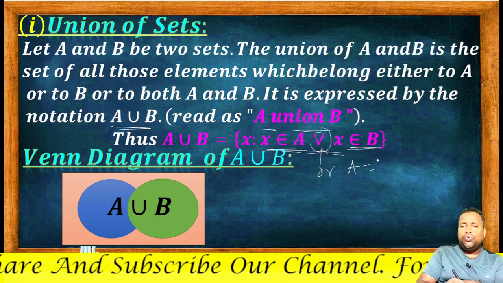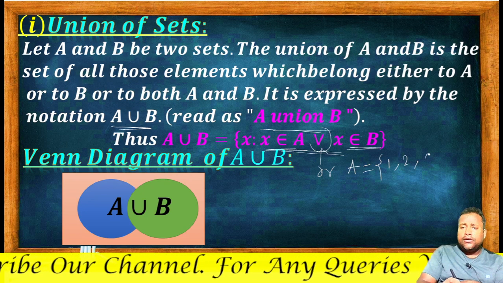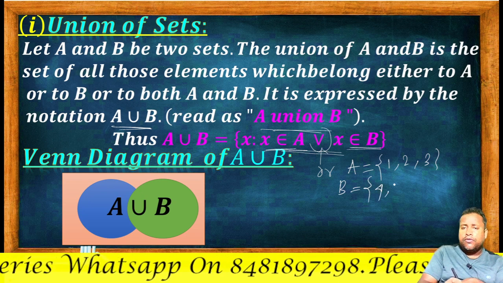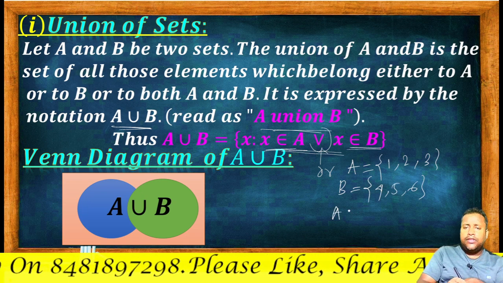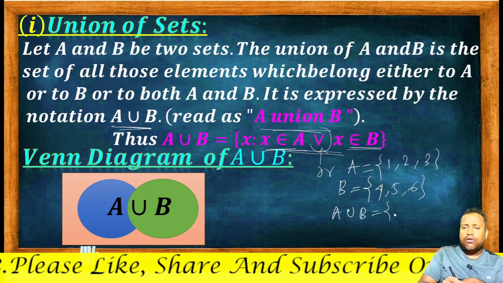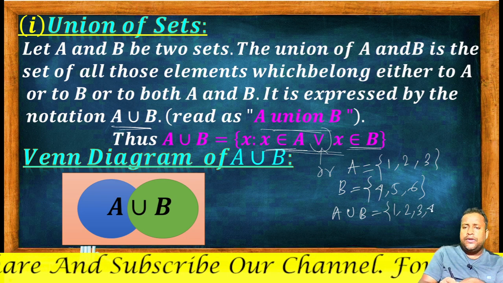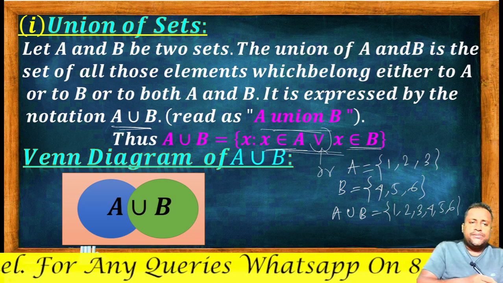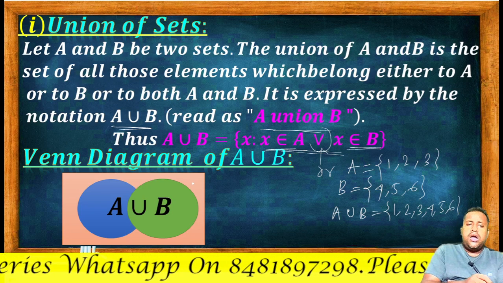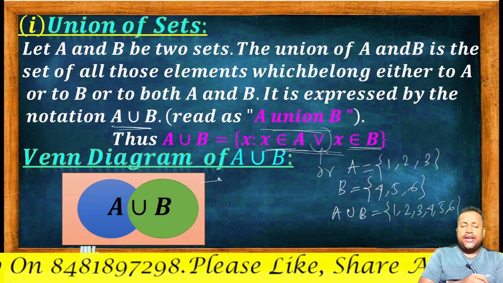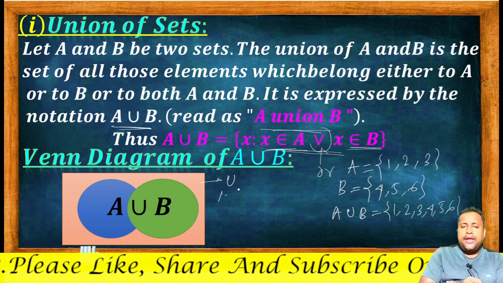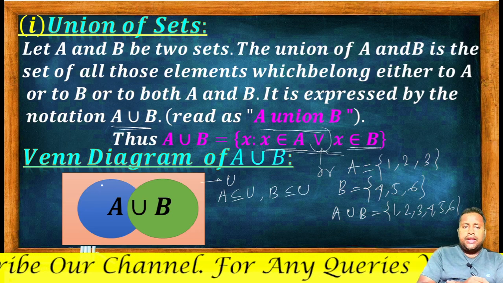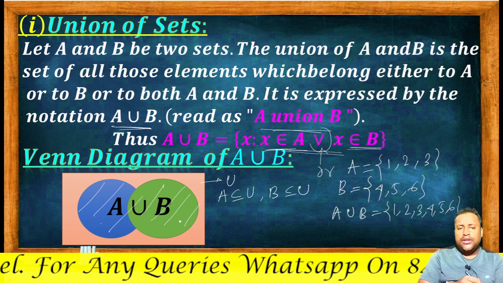Let A = {1, 2, 3} and B = {4, 5, 6}, then A ∪ B = {1, 2, 3, 4, 5, 6}. In the corresponding Venn diagram, the rectangle U represents the universal set, A is a subset of U, B is also a subset of U, and this region represents A union B.